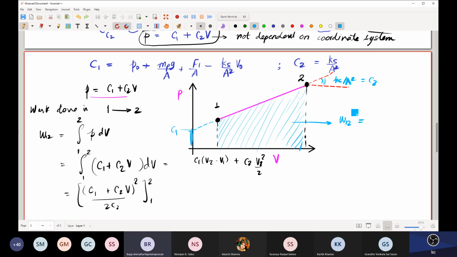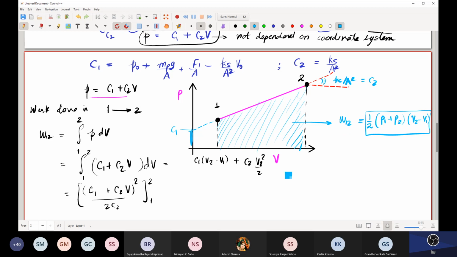It's half times P1 plus P2 multiplied by V2 minus V1. So this is literally that integral. You can always do it easily graphically rather than going to algebra. This is the work done.